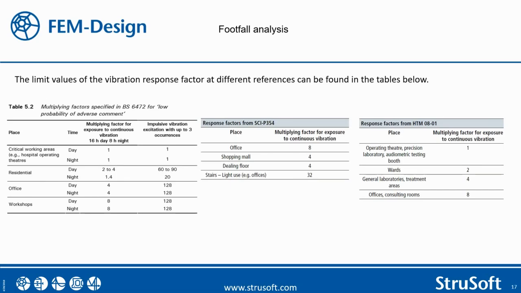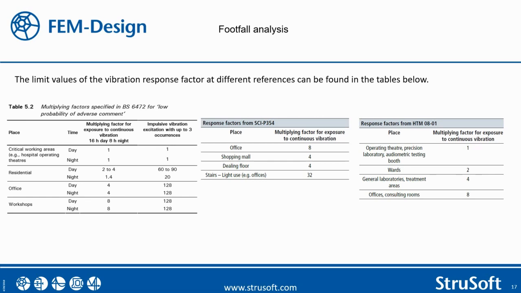The limit values on the vibration response factor in different references can be found in the tables below. Design values for response factors are given in British Standard 6472, but for certain circumstances, different values have been recommended by SCI.